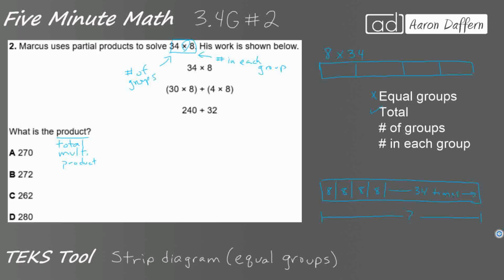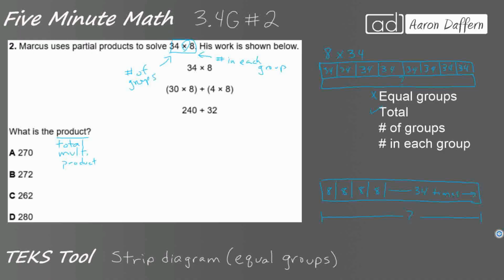You cut each half in half. Now I've got 4. And you cut each fourth in half. Now you've got 8. So this would be another representation that would end up getting you the same product, 34, 8 different times. And you might show your total in a different way. So you might connect it and it might be underneath. So there's a lot of different ways to show the total.